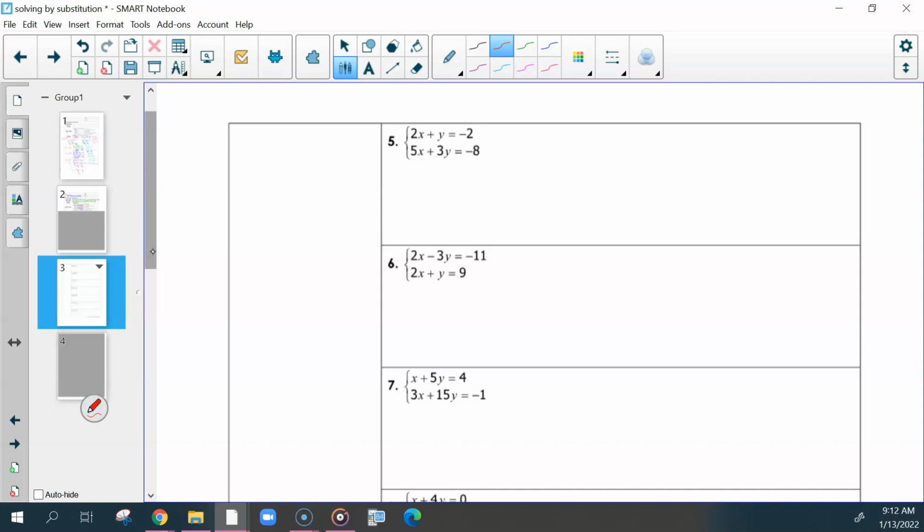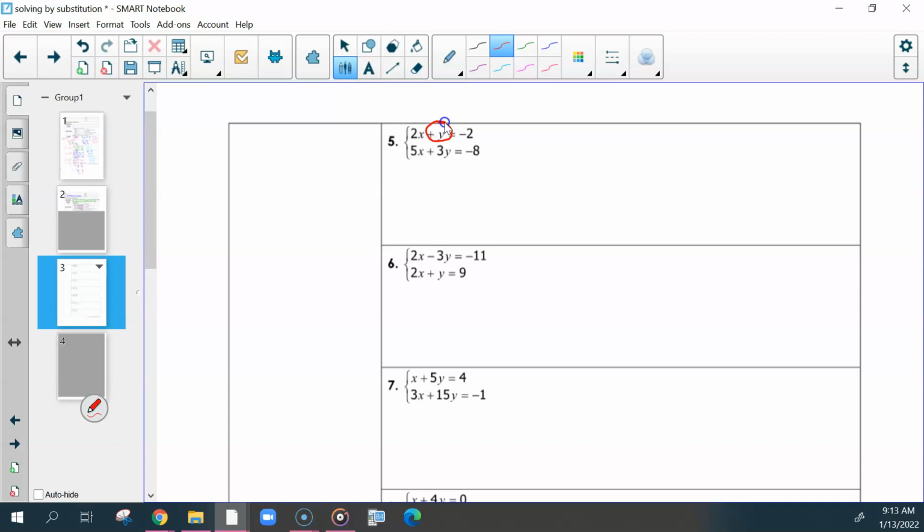You can pick any of these x's or any of these y's. I will say the easiest way to solve this is look for the variable that has a coefficient of 1 or -1. If you choose to solve anything else, you're going to end up with a bunch of fractions, which is fine. You would just need to be careful when you substitute and solve. So if you pick the one that has a coefficient of 1 or -1, that would be the easiest way to solve this.